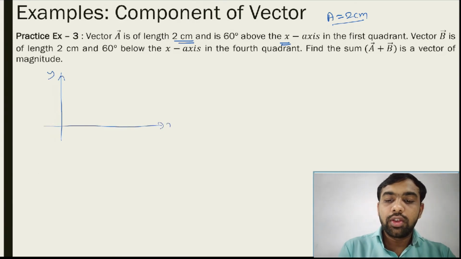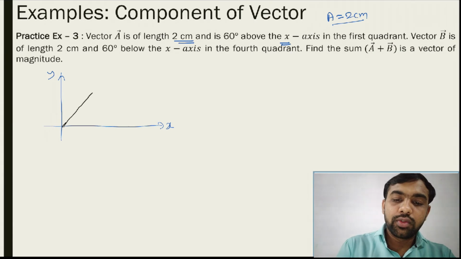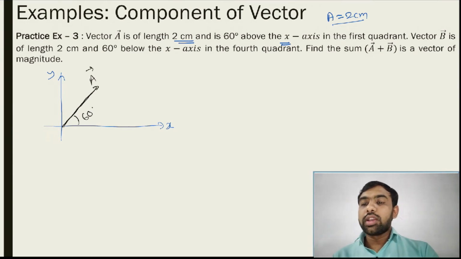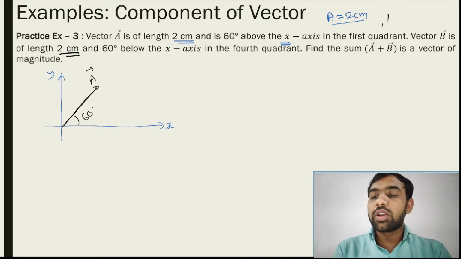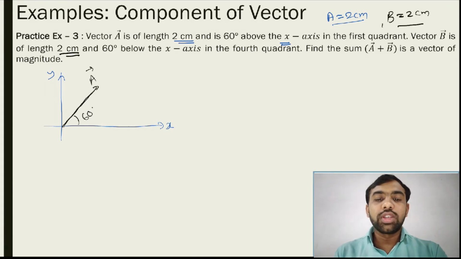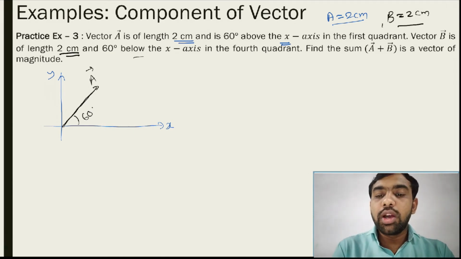Okay, and here is the y and x. Okay, so vector A is somewhere here, and the angle is what? 60 degree. That is A. Now vector B is having the same length. So B is also what? B is equal to 2 centimeter, and it is 60 degree below the x-axis.